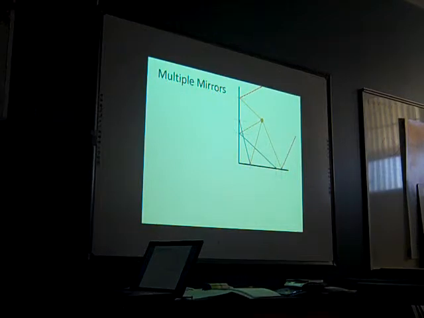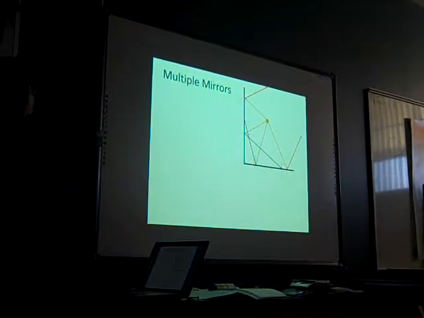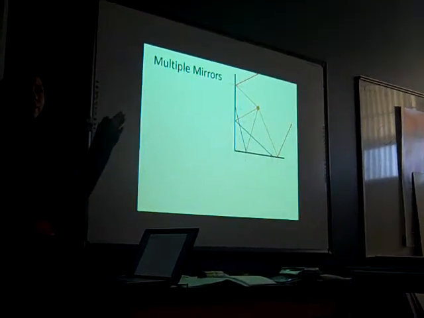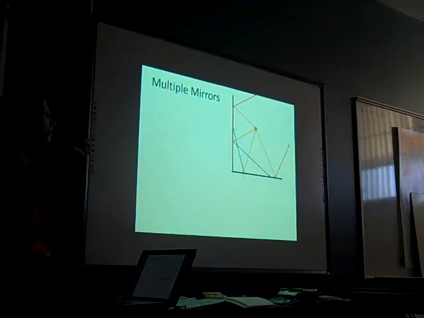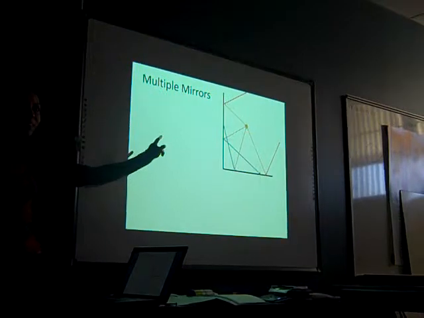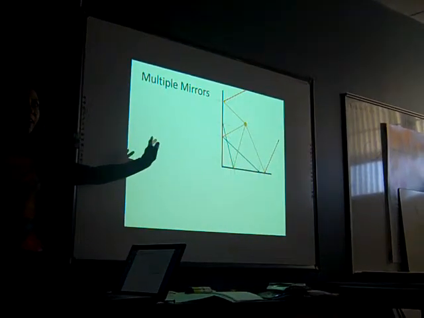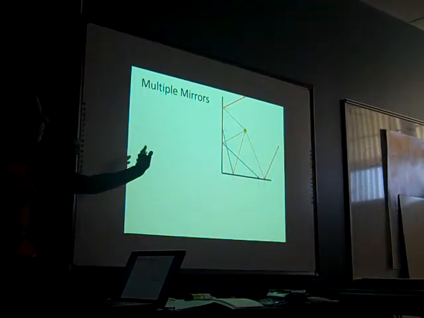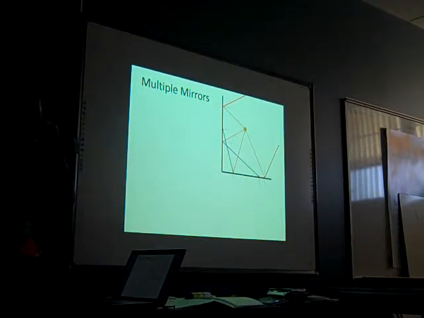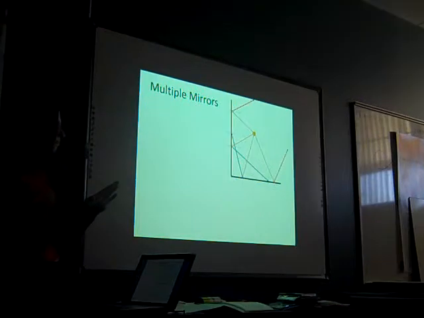Now I've sort of color-coded these for you. The red ones reflect and then go away to something else. The blue ones reflect in such a way that they're going to do what? Reflect again. Okay, but let's just pretend for one second that that's not going to happen.